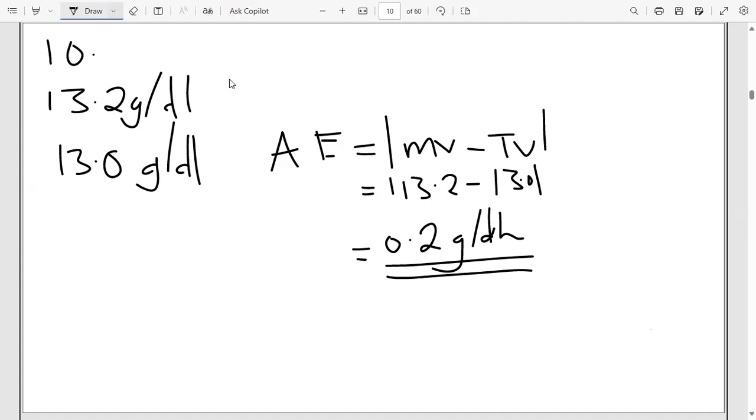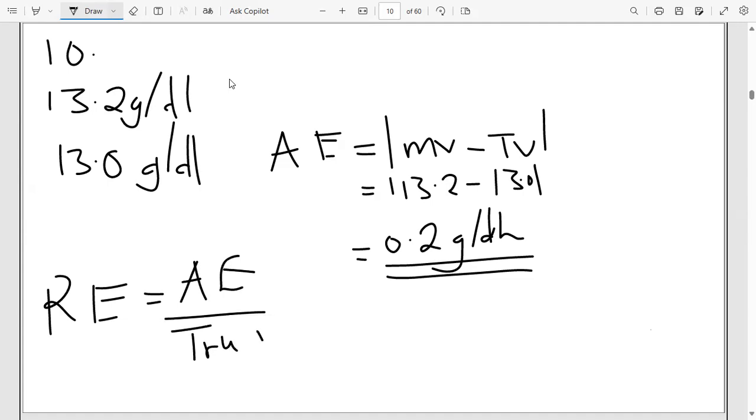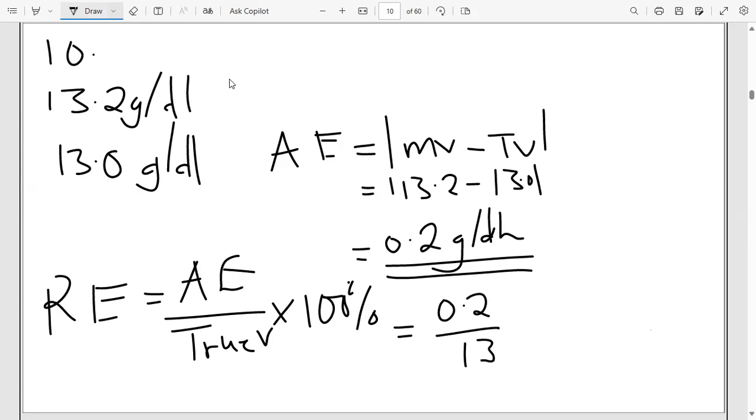The relative error will be equal to the absolute error over the true value, multiplied by 100%. This will be equal to 0.2, which is the absolute error, over the true value, which is 13.